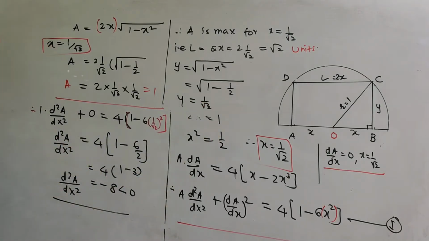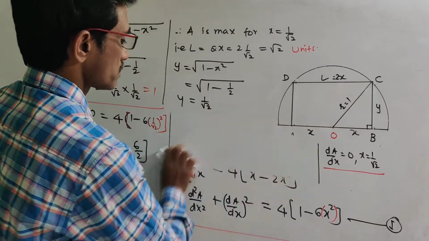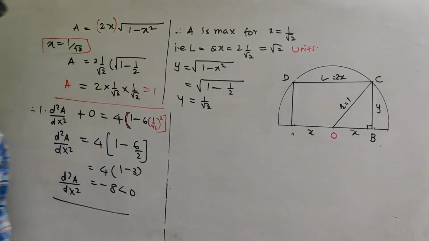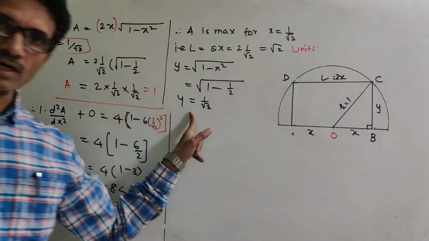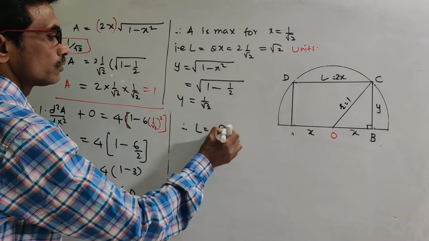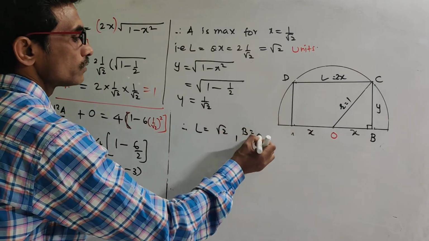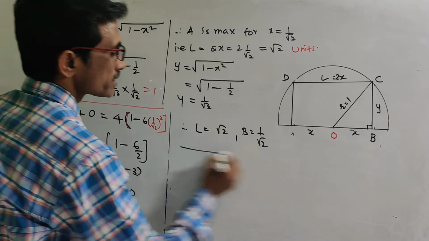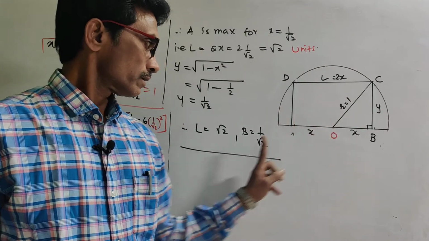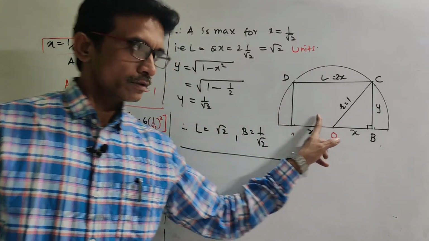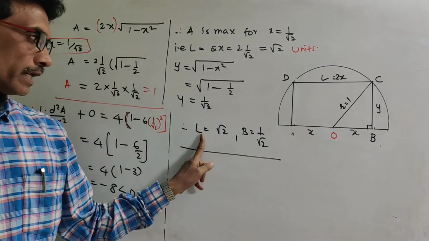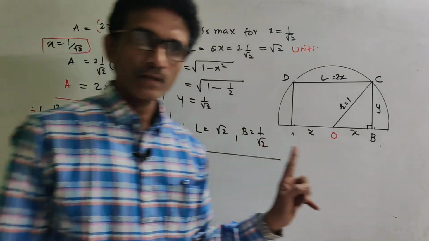We want to find the dimensions. So the length of the rectangle is 2x, which is root 2, and breadth is y, which is 1 by root 2 units. So the largest size of the rectangle, when the area of this rectangle is maximum, has length root 2 and breadth 1 by root 2 units.